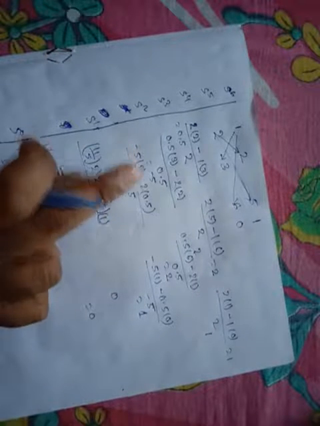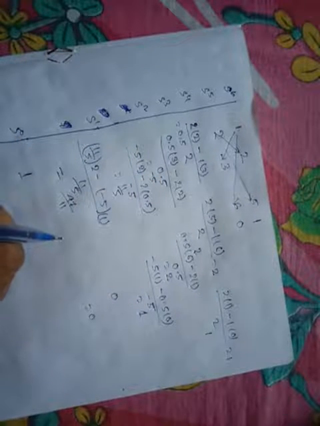For a given system to be stable, all the elements in the first column of the Routh array must be positive. But in this problem a negative sign appears in the first column.